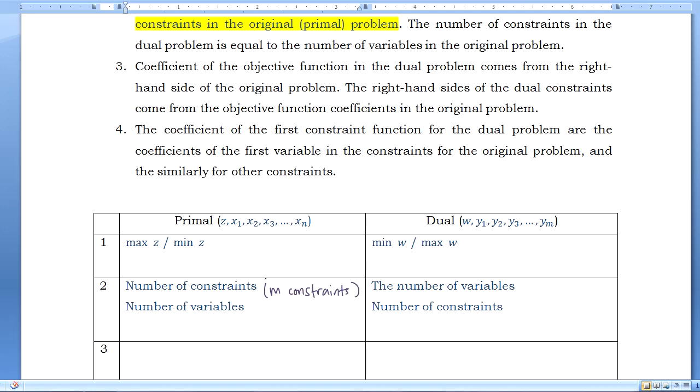Therefore, in the dual, we have M variables. And if the primal has N variables, therefore in the dual there are N constraints.